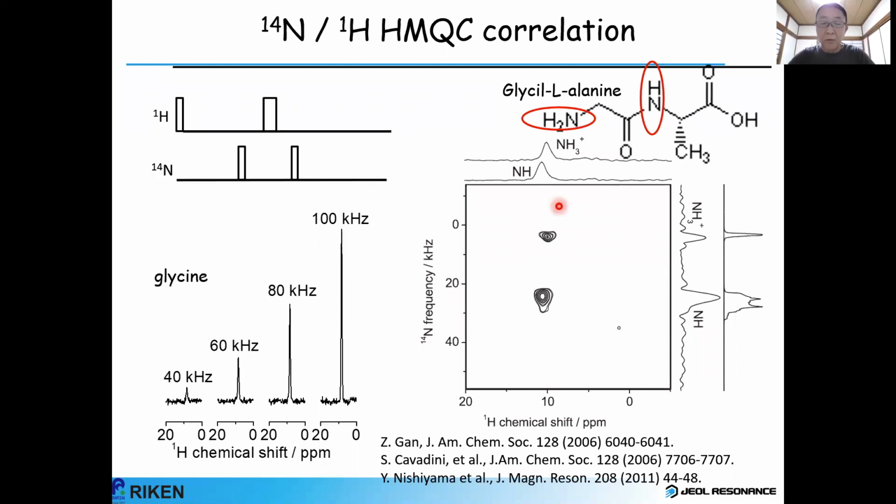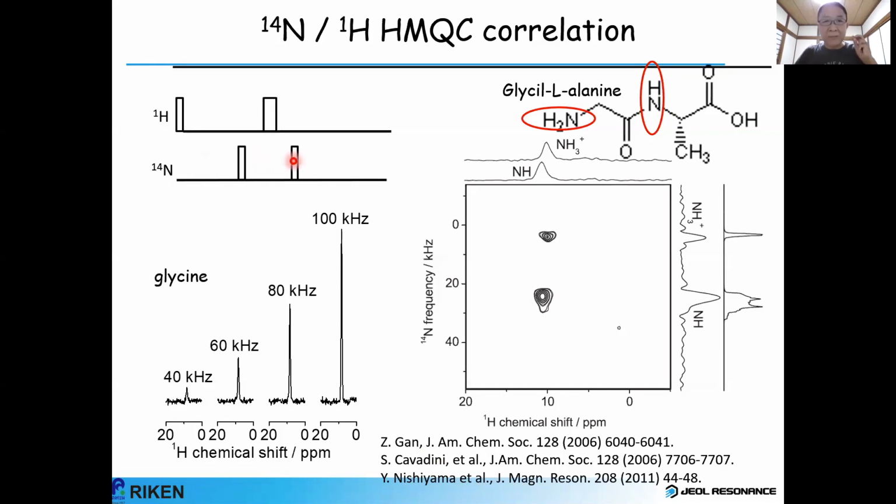Then fast MAS also allows us to observe some strange nuclei. One of my favorites is nitrogen-14. We can indirectly observe nitrogen-14 through another spin-half nucleus, a method developed in parallel by the Xeon Gang and Geoffrey Bodenhausen in 2006. If we measure it by proton at fast MAS, maybe 70 kHz, 80 kHz, 100 kHz, we can quickly observe nitrogen-14.